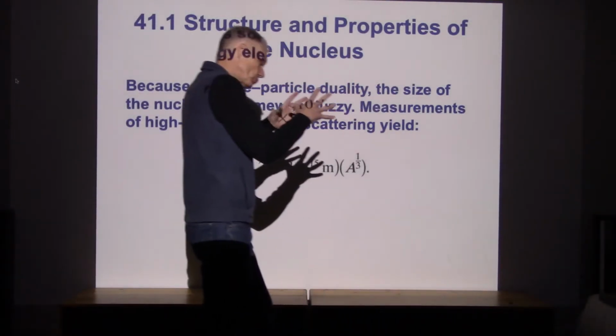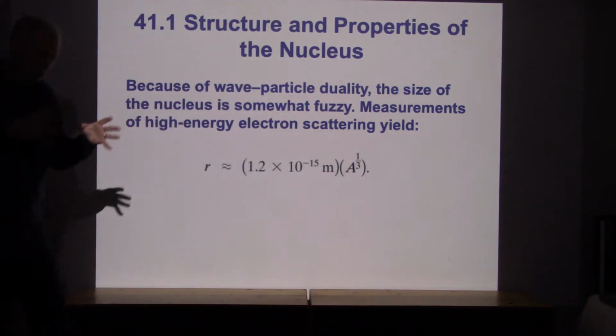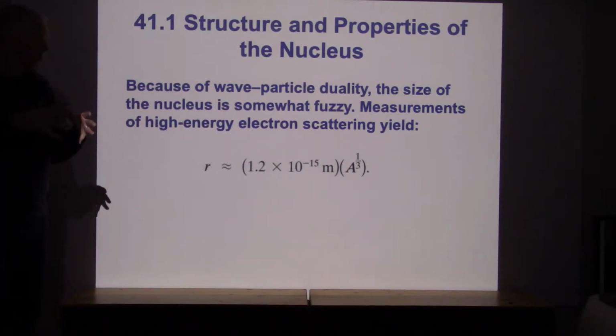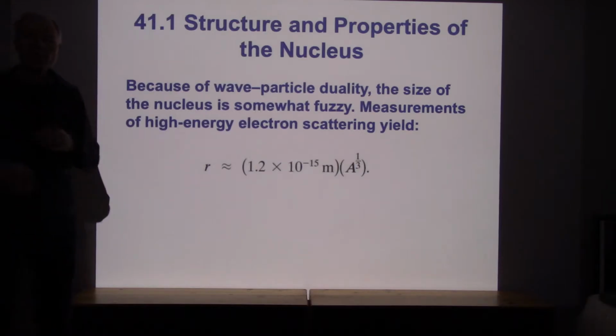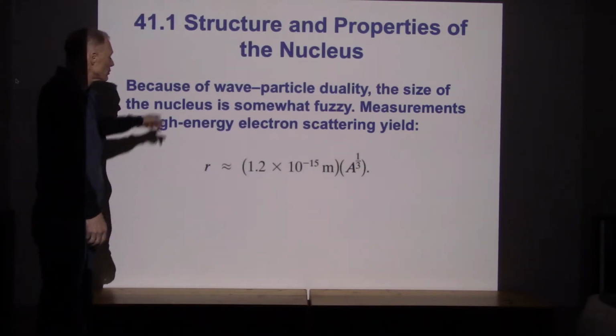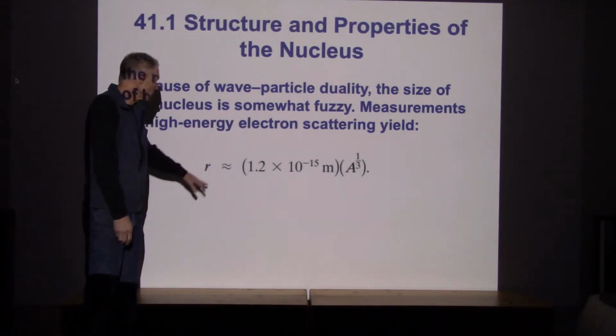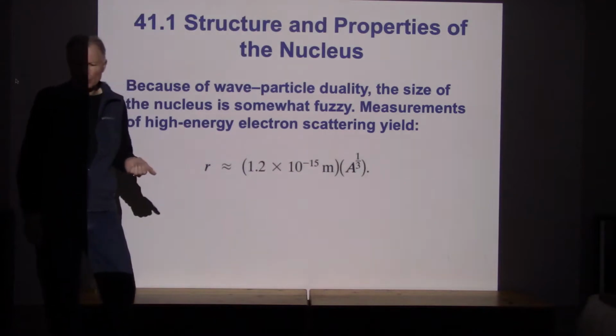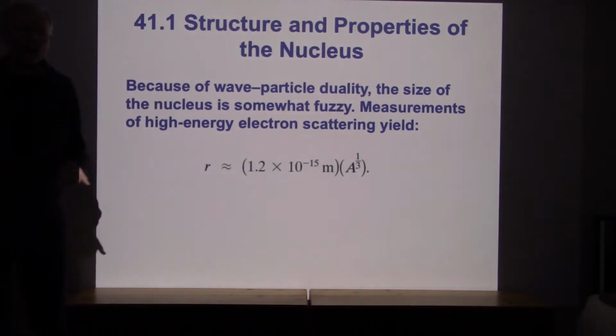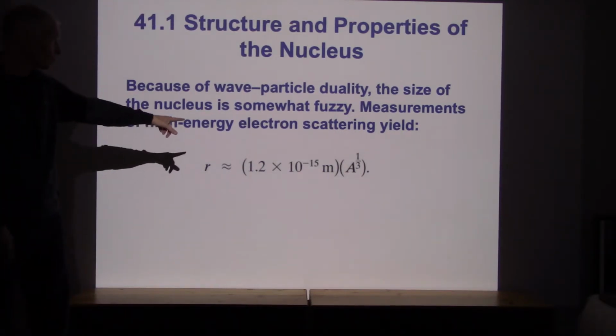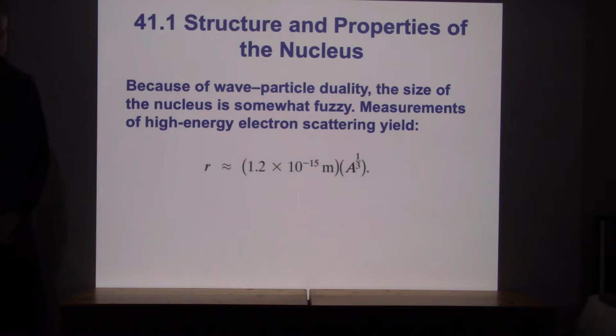So those very short-range nuclear strong forces are holding the protons and neutrons together. Think of this as a bunch of overlapping wave functions. And if we do a series of experiments, through electron scattering, we can come up with an empirical formula for the size of a nucleus, in this case its radius.